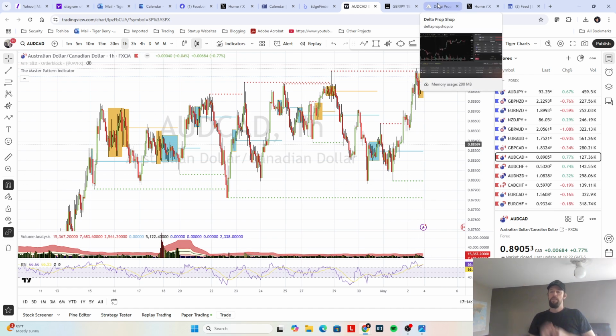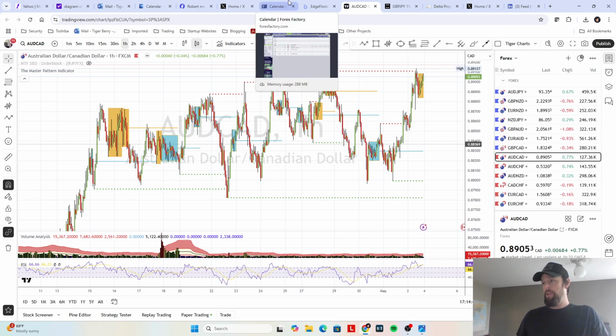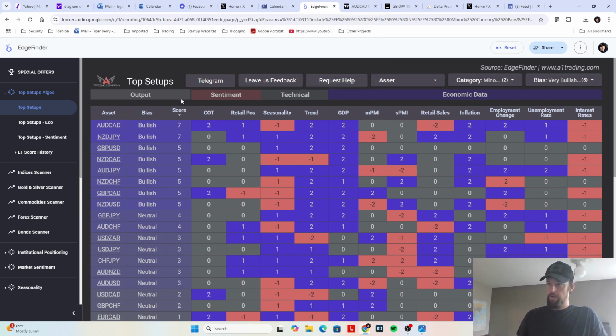Because now they've got that, however big their trade is, $1 million worth of Australian dollars to sell, and then basically taking the other side of the Canada trade. They're buying Australian dollars in this example because we're getting a bullish setup. So they want to do that.